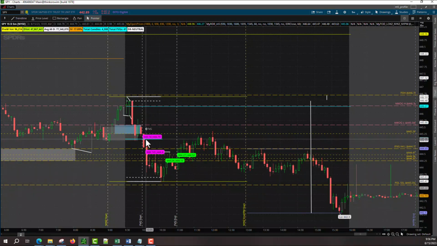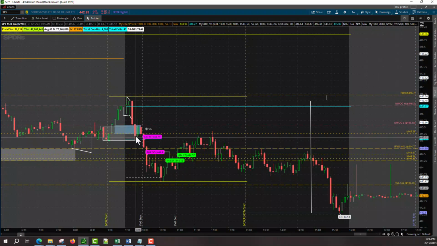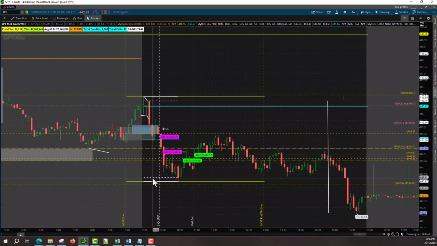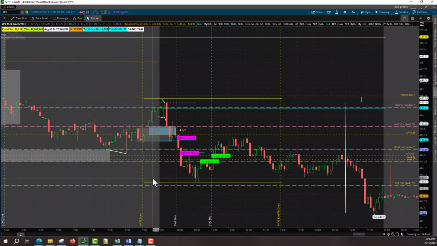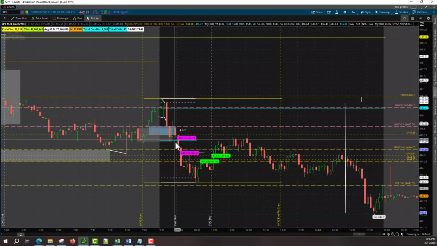If you see any fair value gap in here, then it gives you an idea that you can short when it goes to retest this order block. And basically this will treat you as a bearish breaker.